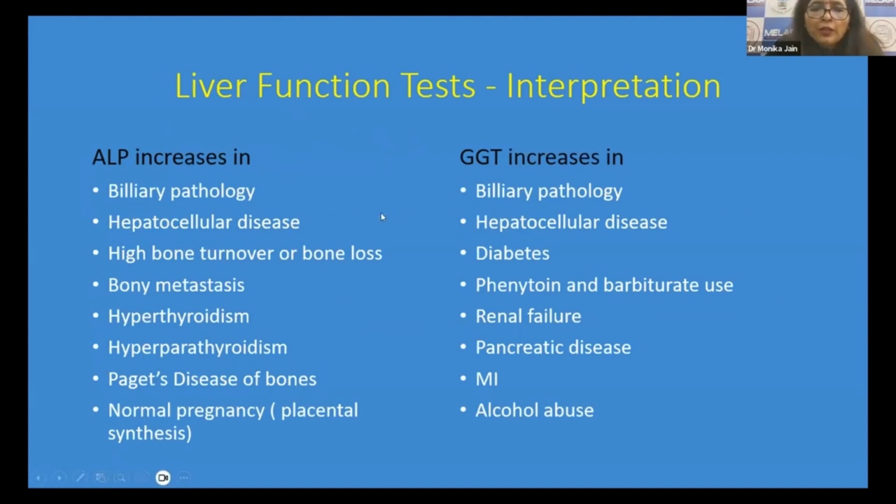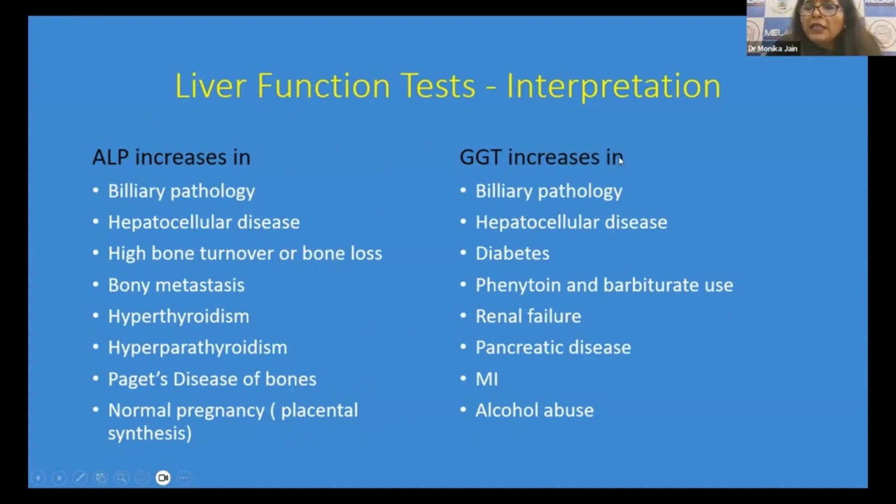So you just look at this table. Alkaline phosphatase increases in biliary pathology, liver problems, high bone turnover or bone loss, bony metastasis, hyperthyroidism, parathyroid defects, Paget's disease, and even in normal pregnant patients, some increase in alkaline phosphatase is seen because it is synthesized by the placenta.